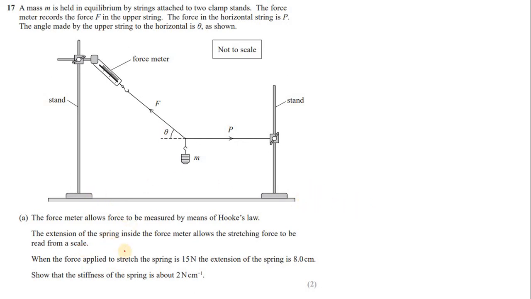When the force applied to stretch the spring is 15 Newton, this is F, the extension of the spring is 8 centimeter, delta x. Show that the stiffness K of the spring is about 2. So we need to show that K is about 2. So it's a straightforward simple question. F is equal to K delta x.